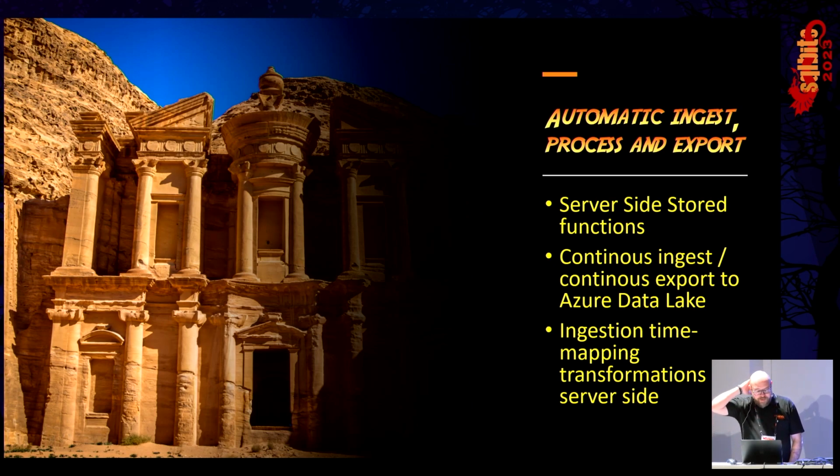Okay, so automatic ingest, process, and export data. So what you can do is, and I will show you an example on this, you can build a server-side stored function, and this stored function has a logic in it, how your data will be, for example, split into different tables.